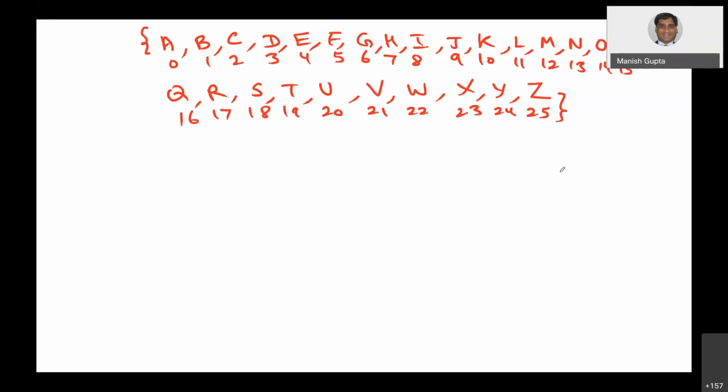So essentially we are working in integers modulo 26, which has elements from 0 to 25.